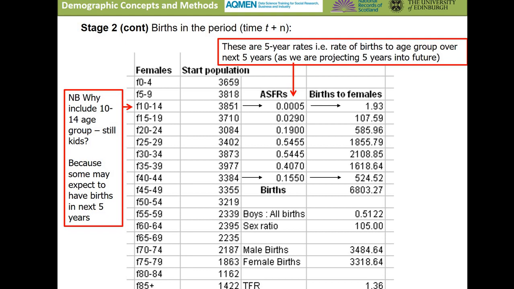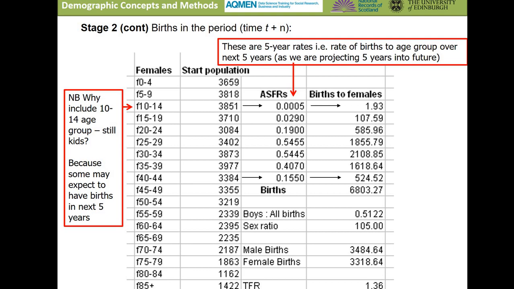So by applying the age-specific fertility rates to the start population, I can get an estimate of births to females, and then these can be added together to give a total number of births. And then using a sex ratio of 0.51, of those births we might expect to be boys based on previous estimates and data. Slightly higher proportions of boys than girls tend to be born.